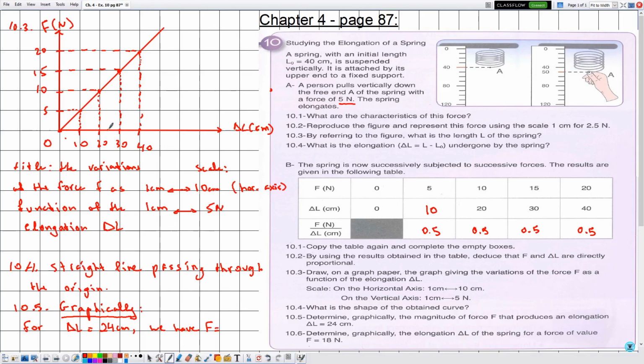So this is 24. Going up to the curve, it corresponds to this point on the curve. Then going to the F axis, this is 12. Then we have that F is equal to 12 newtons.